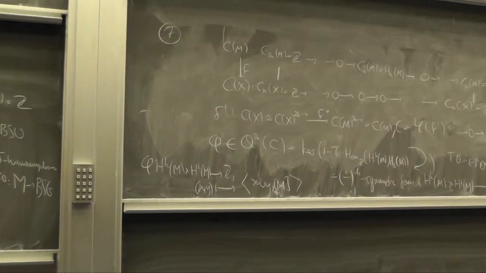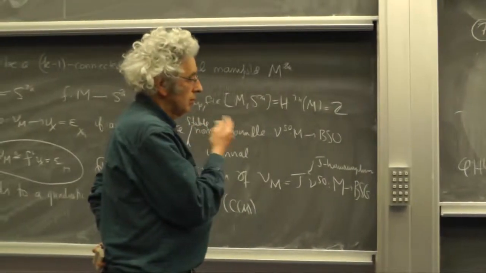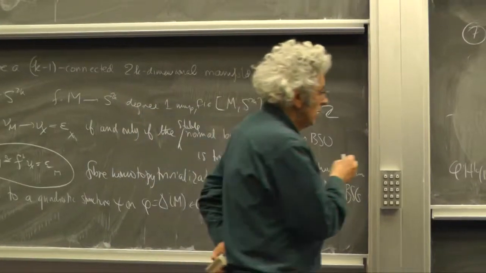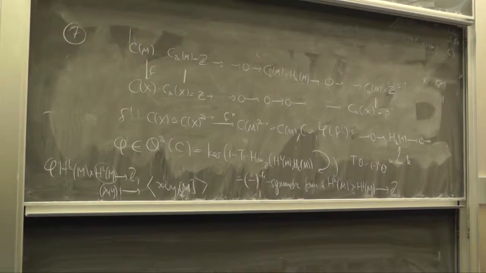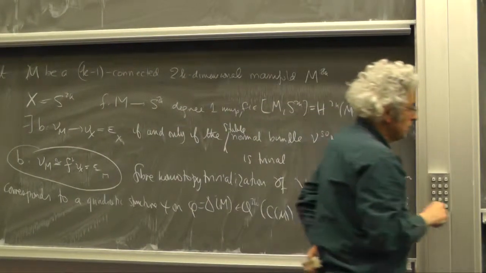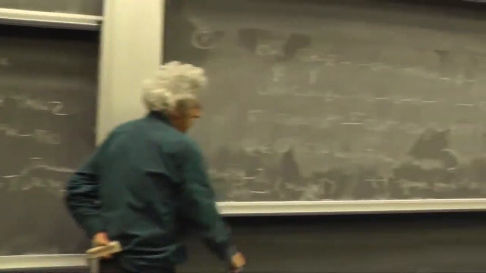So the symmetric complex in this situation is just the finitely generated free module, free of course because I've made a serious assumption here, together with this (-1)^k symmetric form given by evaluation.